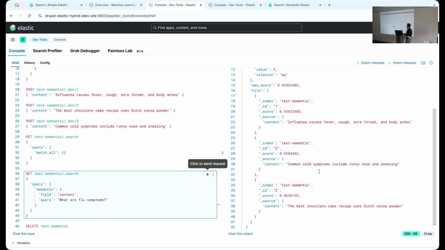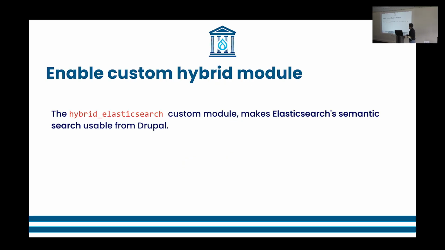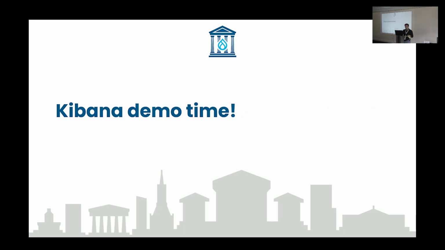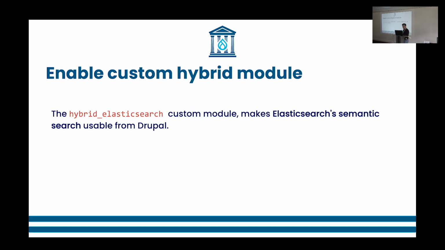Because the best chocolate cake recipe has an 86, that doesn't mean that it is 86% close in terms of relevance to the query. It's just a ranking way. When we have more documents, 500, 1,000, a million, then this will be way down. Apologies for that. That was the Kibana demo time.